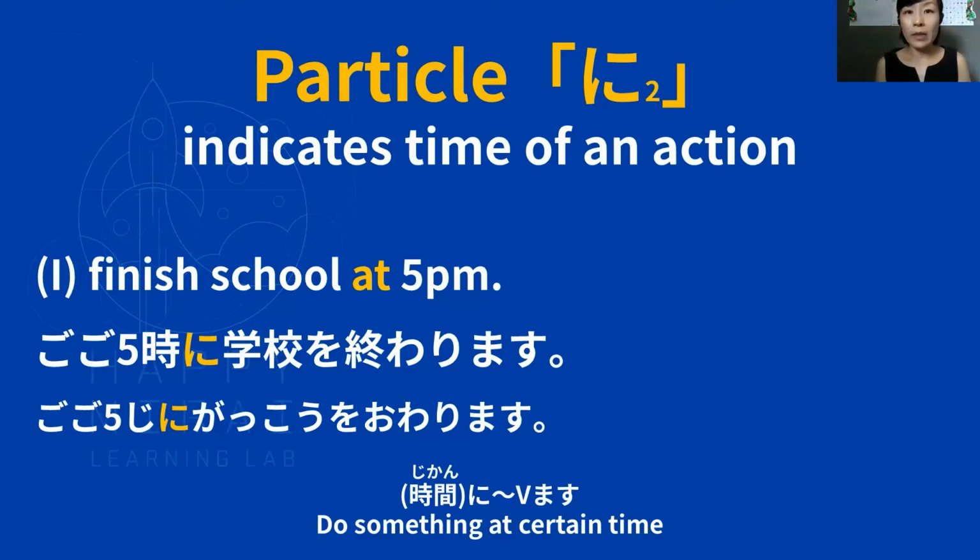So here we are using the sentence pattern 時間に何々: we do something at a certain time. It can be a very specific time, or it can refer to, for example, Monday, Tuesday, or a period of time, for example, summer holidays.